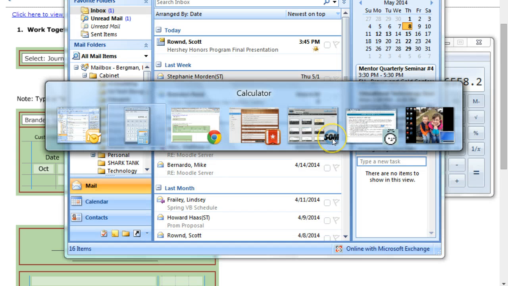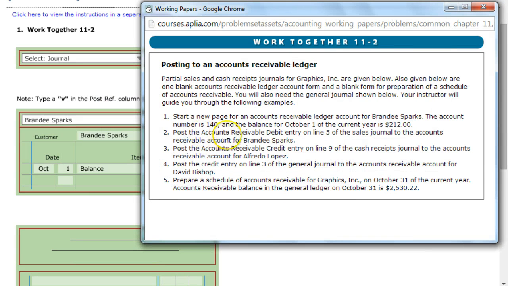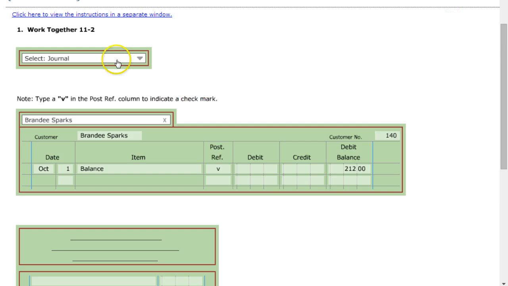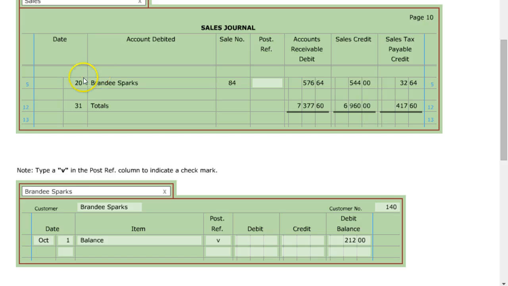All right, the next transaction is to post the accounts receivable debit entry on line 5 of the sales journal to the accounts receivable account for Brandy Sparks. We look for the sales journal here, and we see a transaction for Brandy Sparks on the 20th. So we put down the 20th. We put down that we got it on sales journal page 10, S10, and we have 3 different columns right here. When you look at the special column titles, this is accounts receivable, this says sales tax.